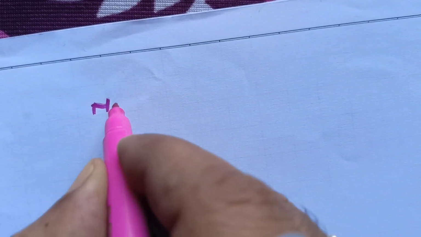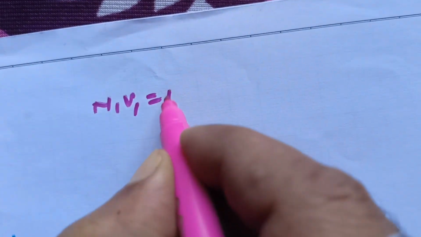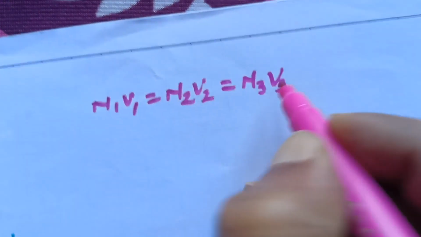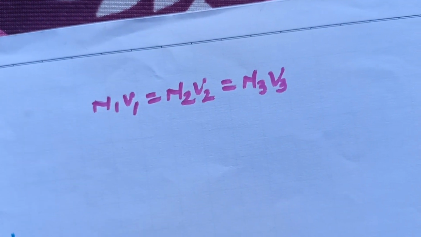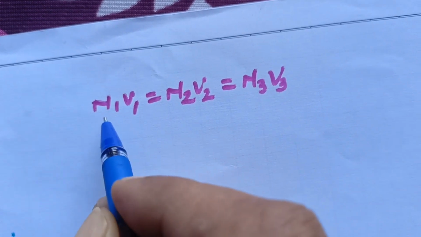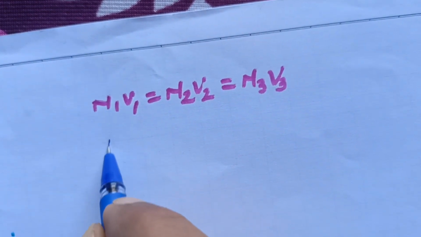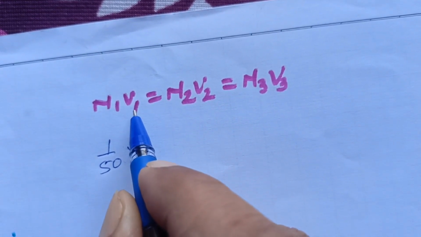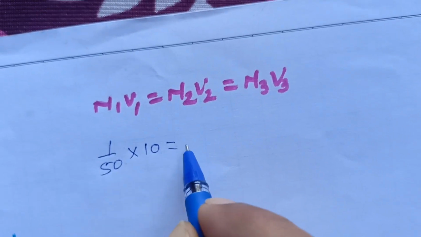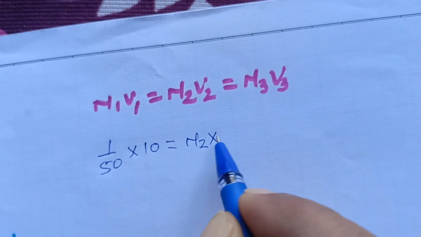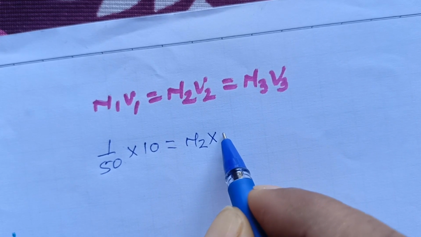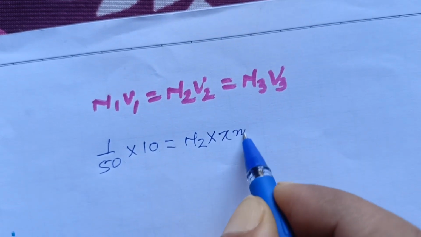Now we can calculate the hardness using the formula N1V1 equals N2V2 equals N3V3. If we put normality N1 as 1 by 50, and V1 as, suppose, 10 ml, equals N2 into V2, which is suppose a particular volume x ml.